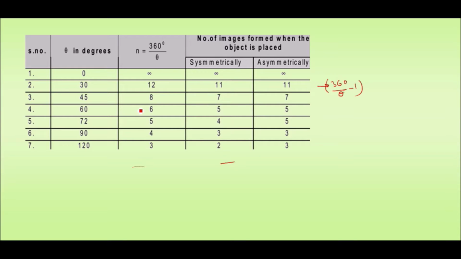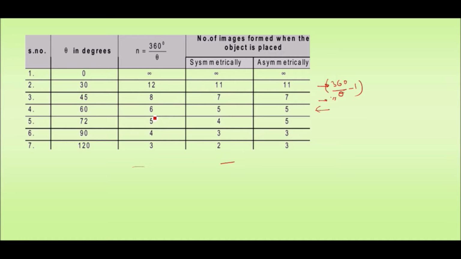Now for theta equal to 45 degrees, again n comes out as an even number, so the number of images formed is equal to 360 by theta minus 1. For theta equal to 60 degrees, we see n is equal to 6 and the number of images formed is equal to 5. For theta equal to 72 degrees, we get n equal to 5.